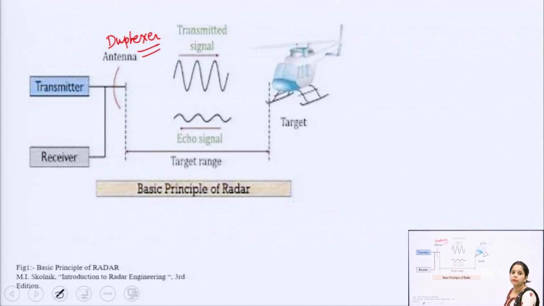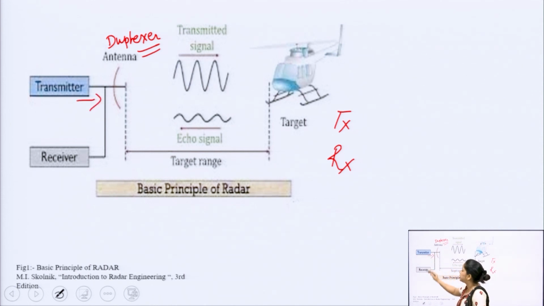It behaves as both a transmitting and a receiving antenna, but not at the same time, only at alternate times. When the signal is transmitted from the transmitter section, it behaves as a transmitting antenna, and when the signal has to be received, it behaves like a receiving antenna. That is why a single antenna is used here.